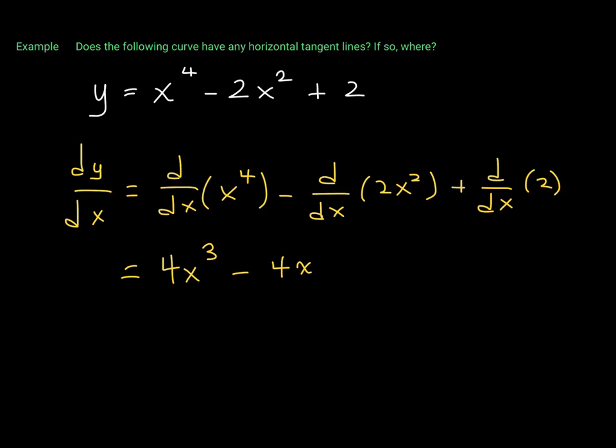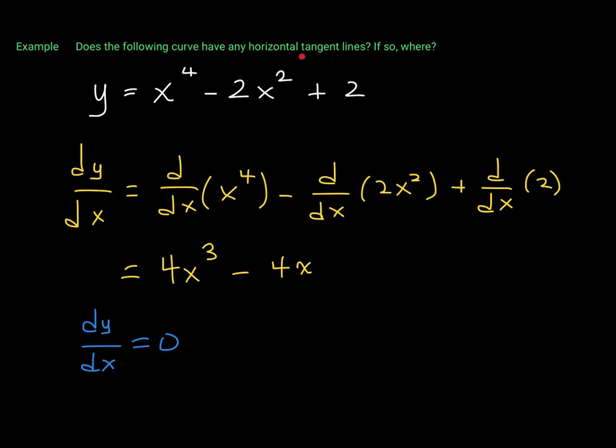Okay, folks, now what we need to do is solve this equation: dy/dx is equal to 0. Again, we're setting the derivative function equal to 0 because they're asking us about horizontal tangent lines.